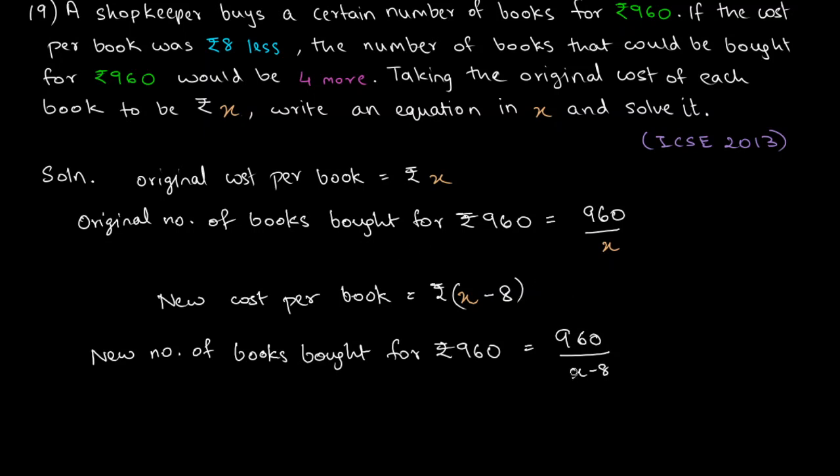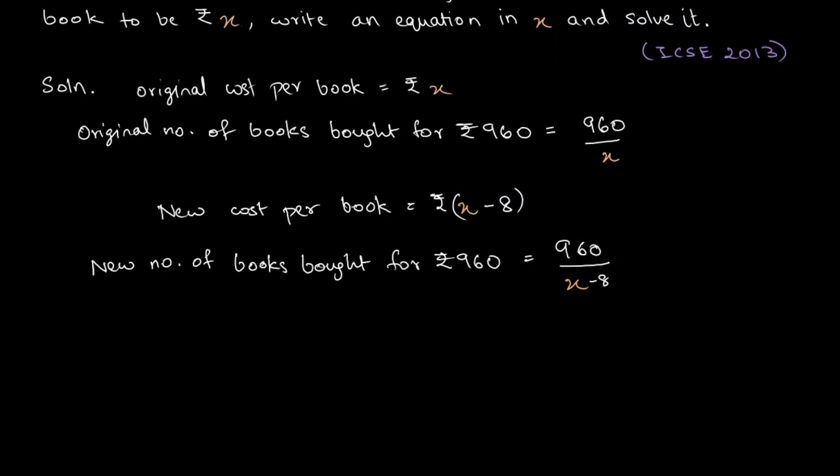That's that X in our brown color, right? So X minus 8. Okay, now they've given us a relation between the original number of books bought and the new number of books bought, and that is that the number of books that could have been bought for rupees 960 would be 4 more, correct? So let's use that information. How do I use that information, right?